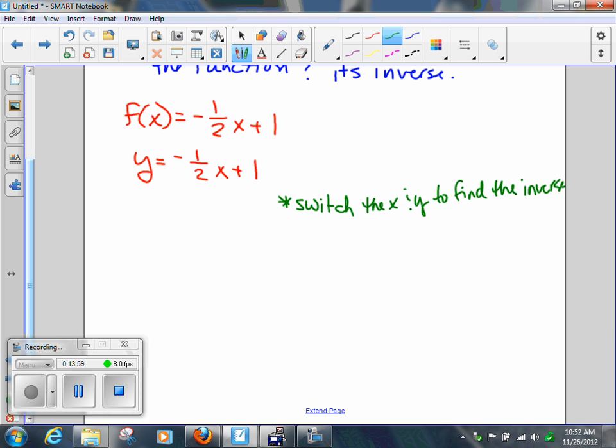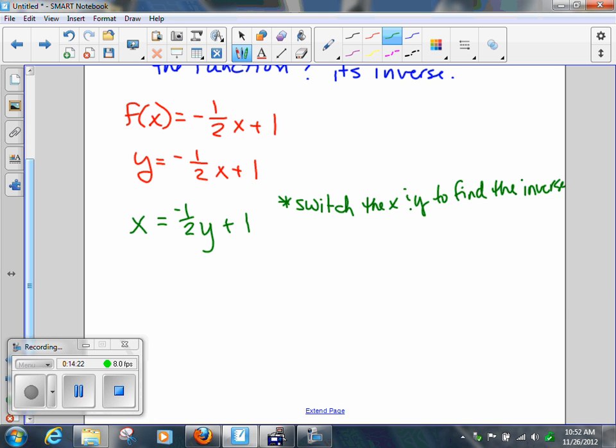So here we go. X is equal to negative 1/2 y plus 1. Now, what do you think we're going to do with that? Sorry, I just made a mistake. Thank you. What do you think we're going to do now? Because if we've got to be able to graph it, we need it in what form?